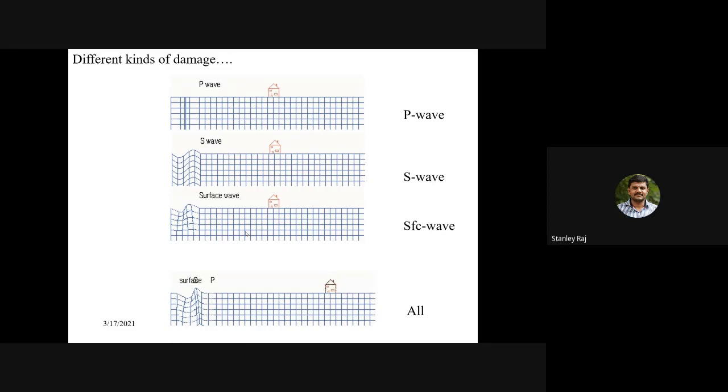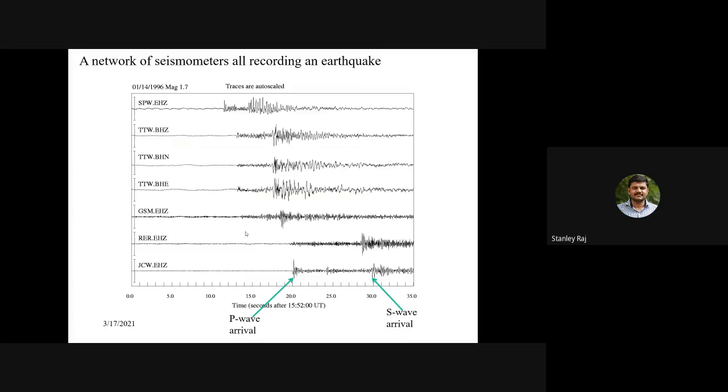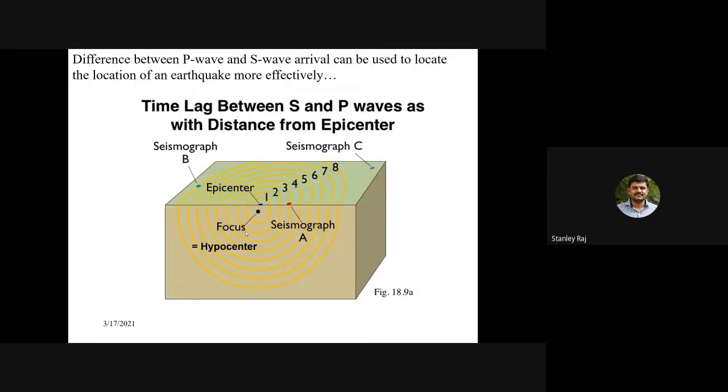It's very important. A network of seismometers all recording earthquakes, as you see, the primary wave arrival and secondary wave arrival are like this.